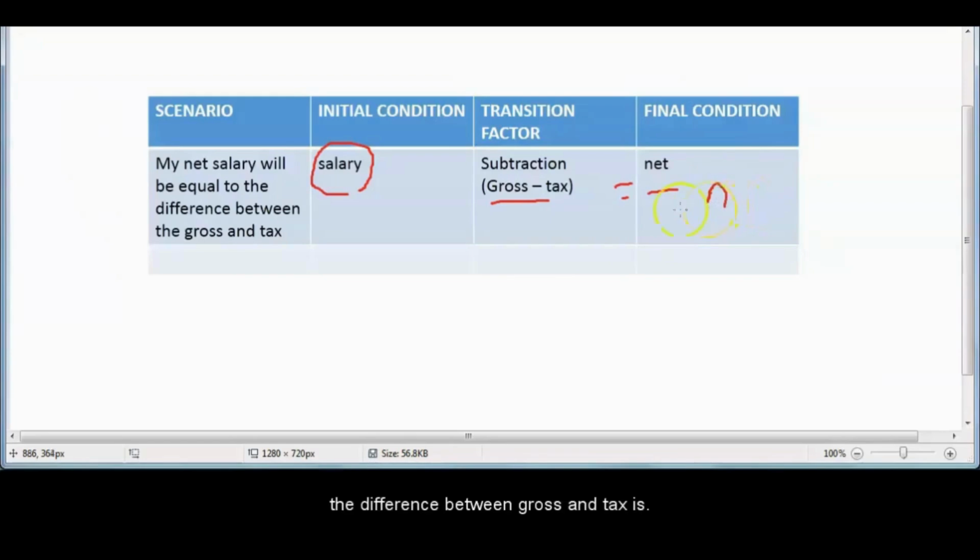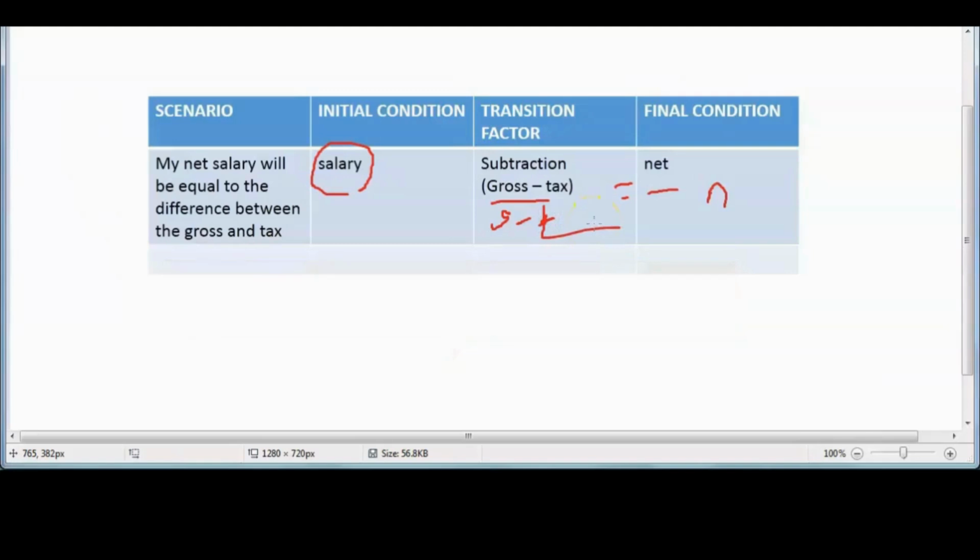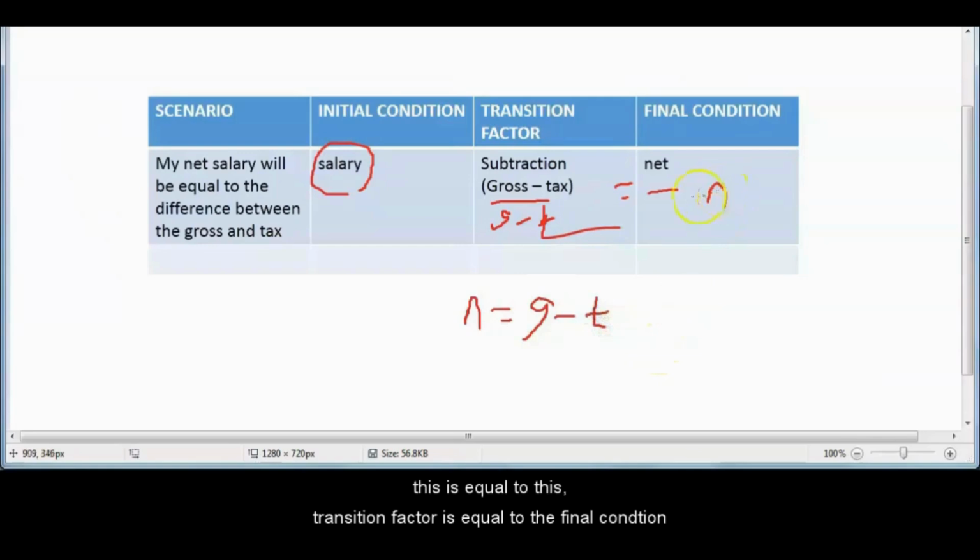The difference between gross and tax is G minus T. So that means N will be equal to G minus T. This is equal to T. Transition factor is equal to the final condition.